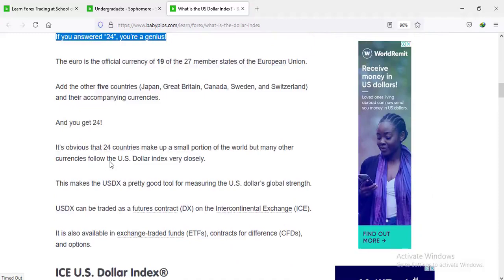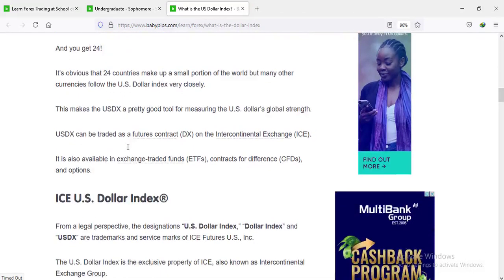Why? Because the US dollar is the official reserve currency of the whole world. What does that mean?